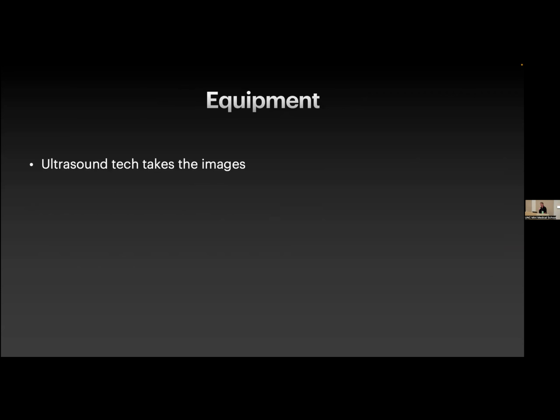Okay, so we talked a little bit about the transducer already, but what other equipment do we have? Well, I think the first and very, very important person to mention is the ultrasound tech. These are people who are trained to obtain the images on the ultrasound of a patient, depending on what the order is.